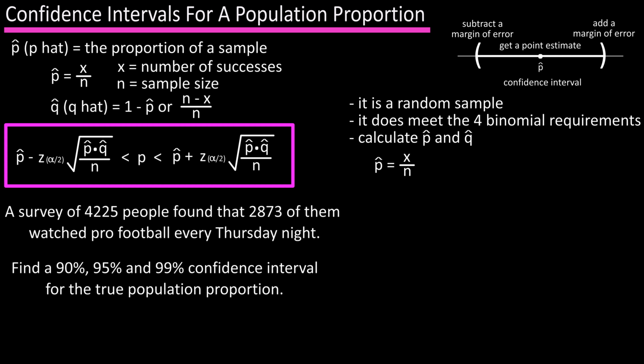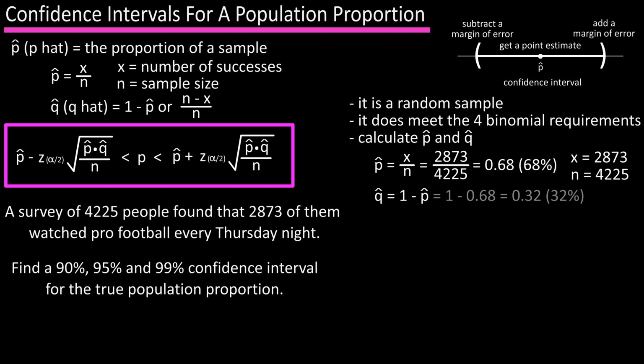p hat is equal to x divided by n. x is the number of successes, which is 2,873, and n is the size of the sample, which is 4,225. So 2,873 divided by 4,225 equals 0.68, or 68%. q hat equals 1 minus p hat, so 1 minus 0.68 equals 0.32.